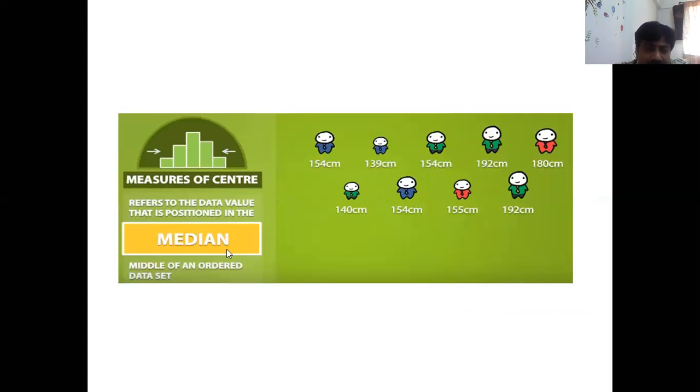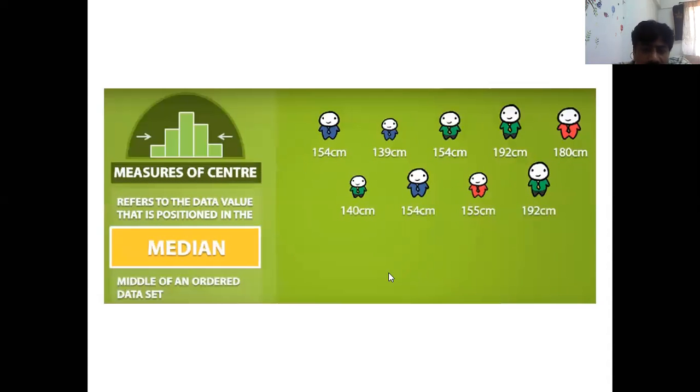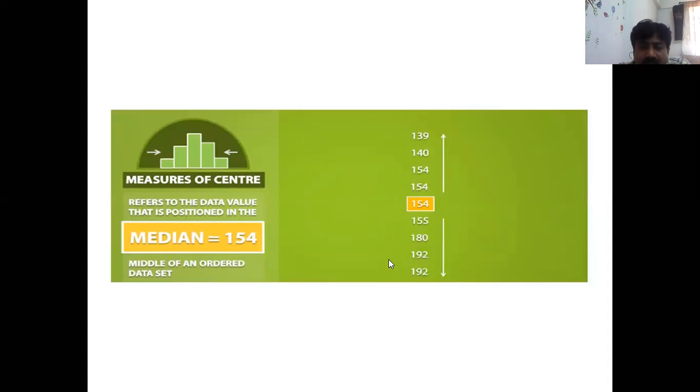Next is the median. Median refers to the data value that is positioned in the middle of an ordered data set. The same data sample is given to us, right? Generally, whatever the data set provided, we write the values in ascending order.